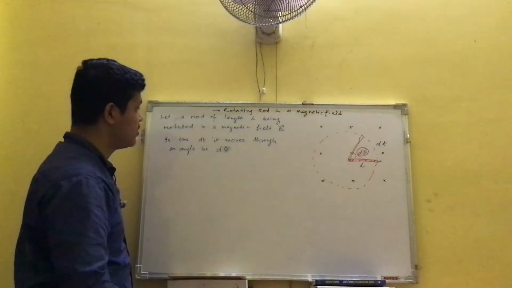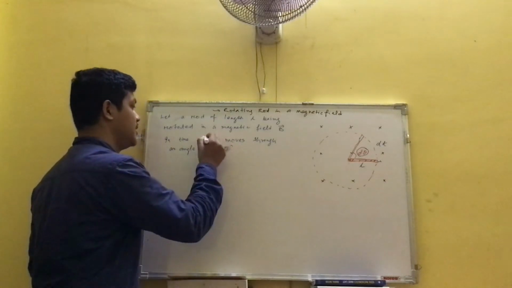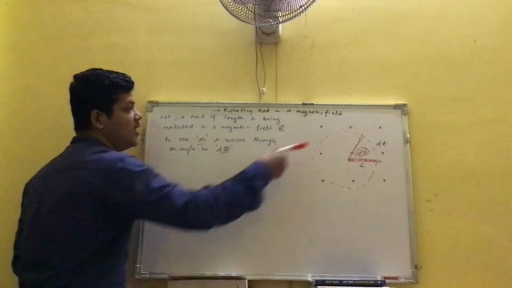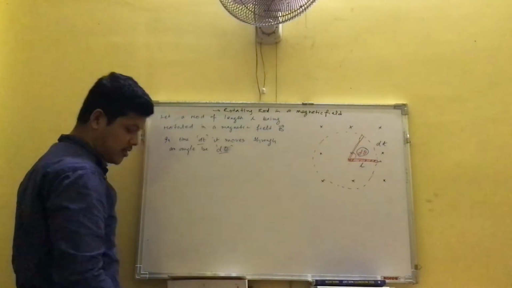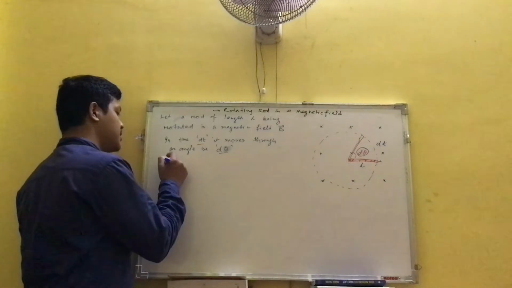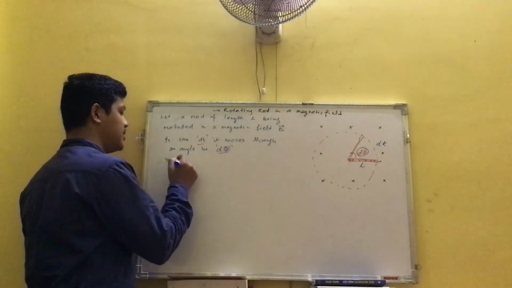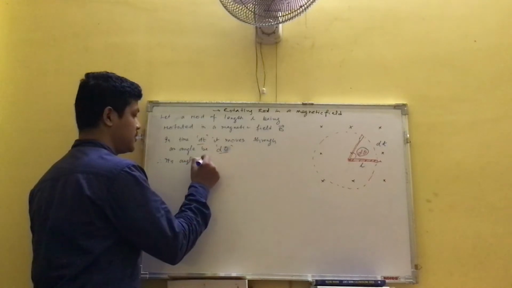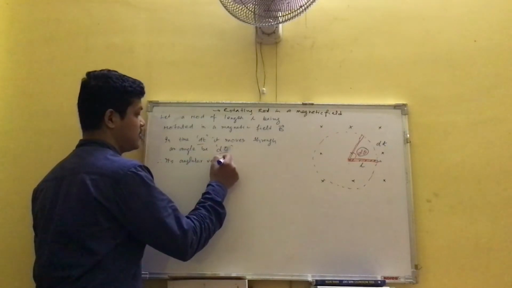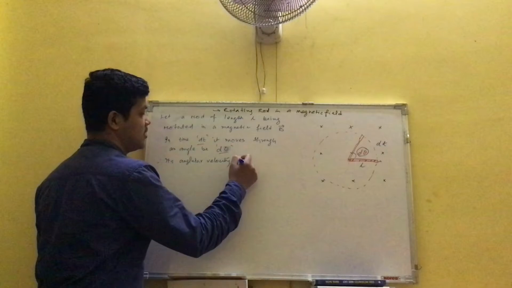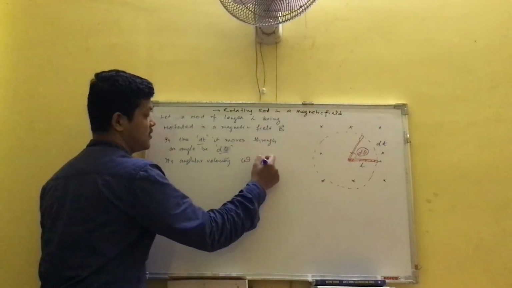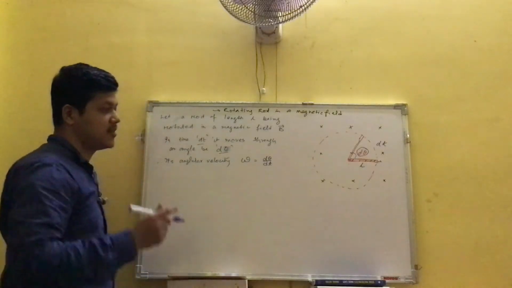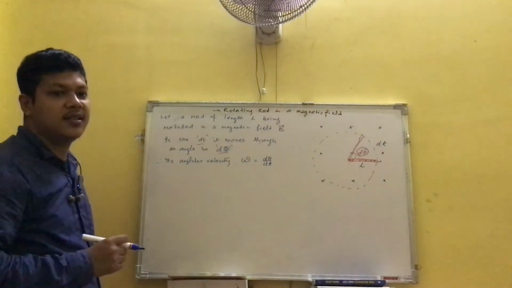So it moves through an angle d theta in time dt, right? This way. Now its angular velocity is given by omega equals d theta by dt, right? Omega equals d theta by dt.